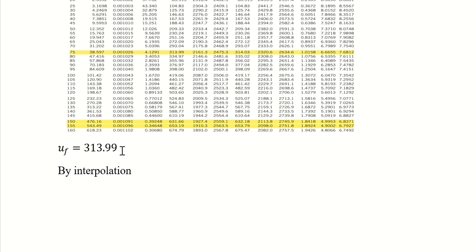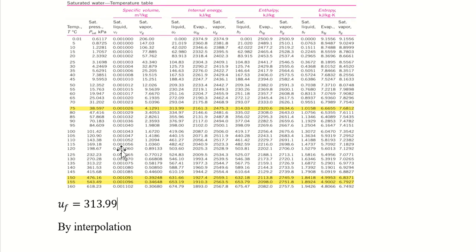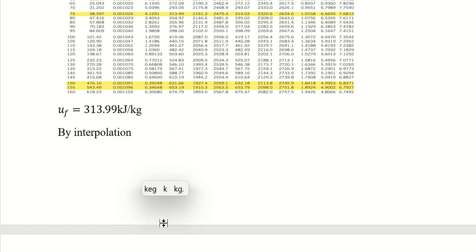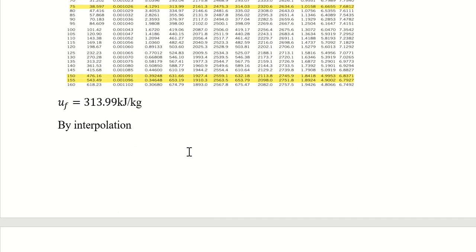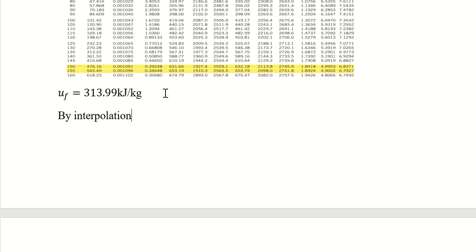Oh, I can edit it again. Oh, I can. Kilojoules per kilogram.